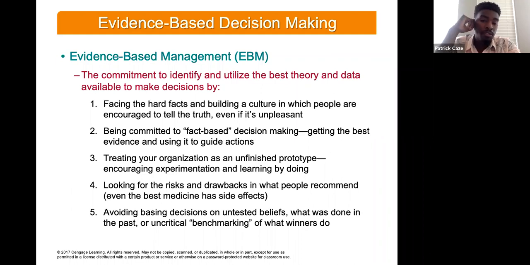When you look at evidence-based management, you don't necessarily make decisions based on things that haven't been used before. You're looking at past experiences, past situations, past results, to make your decision.